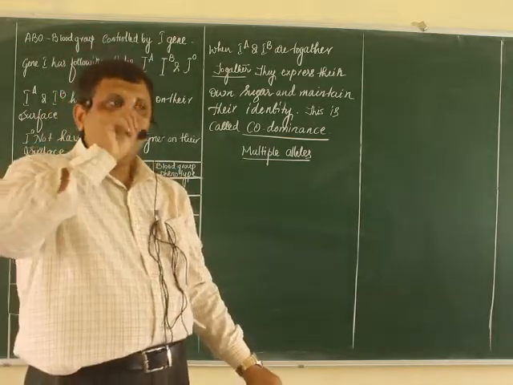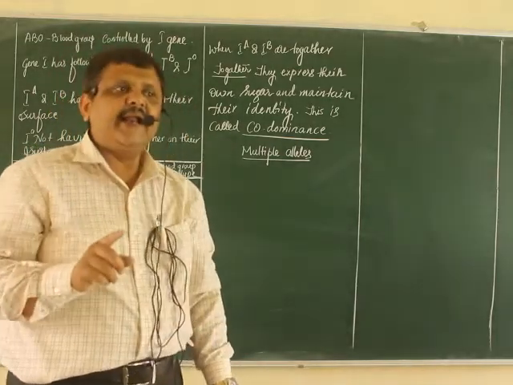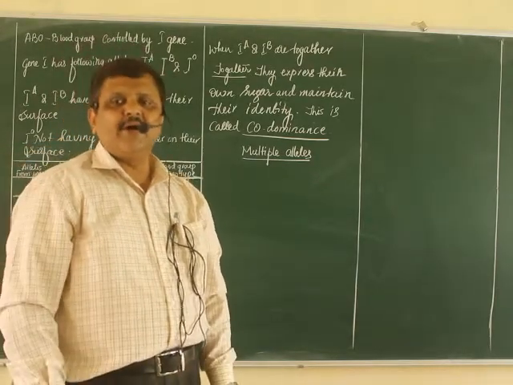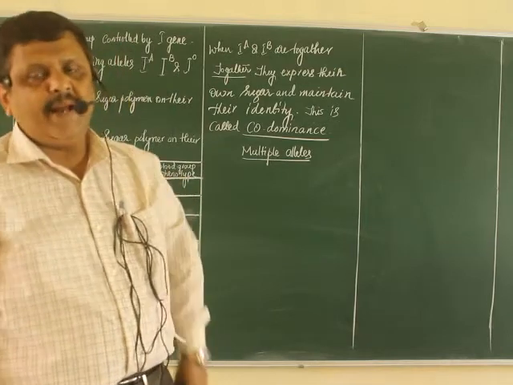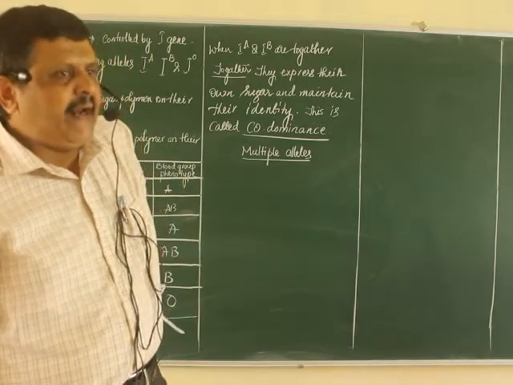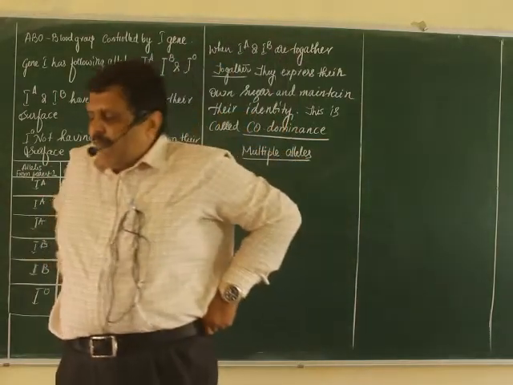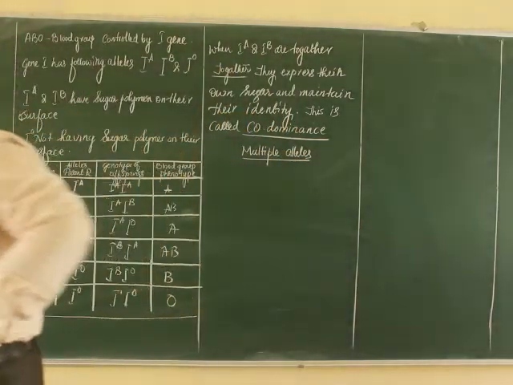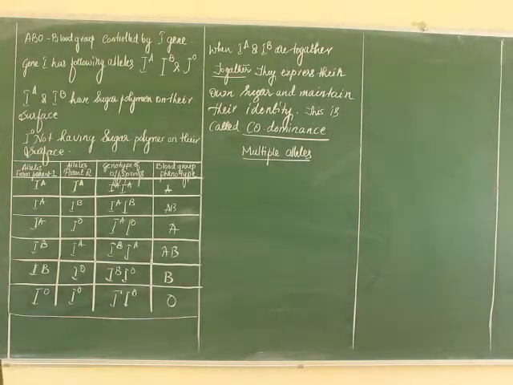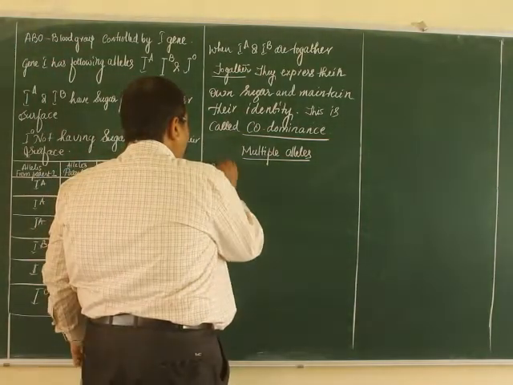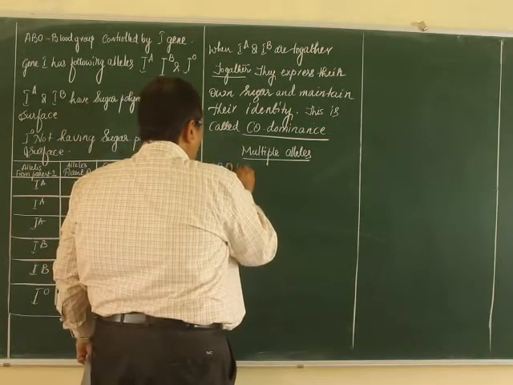For example, capital T was the original allele and small t is its mutated form. That you should remember.